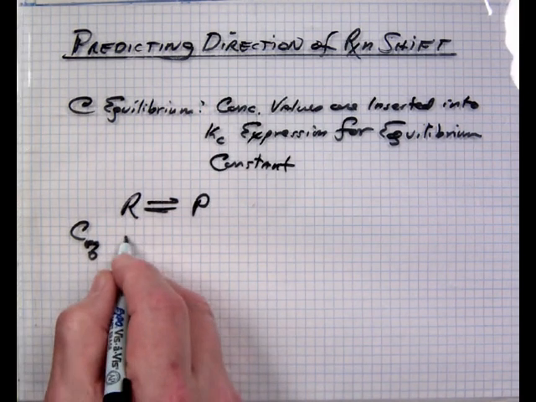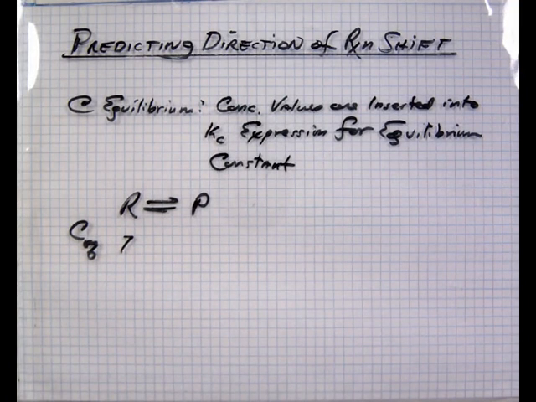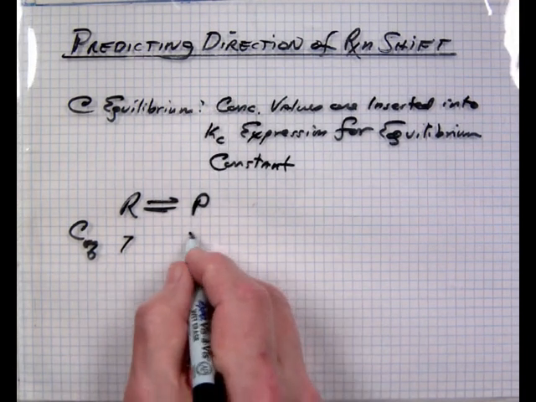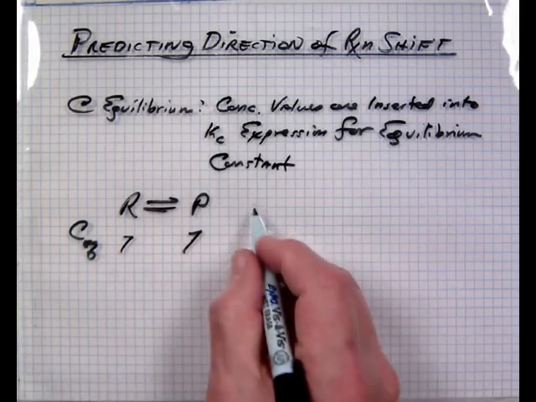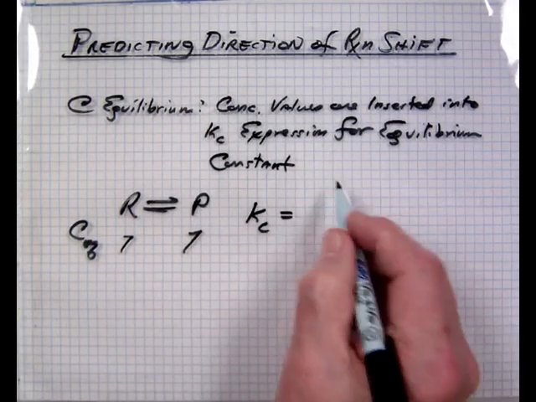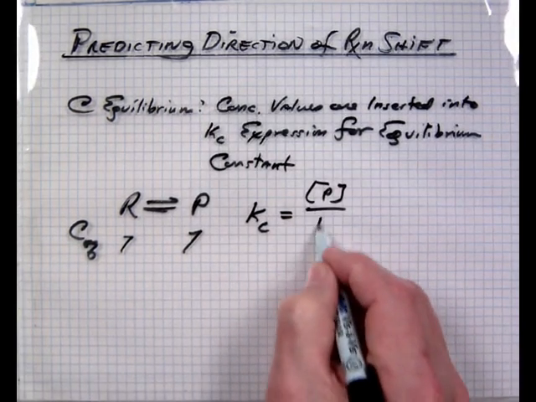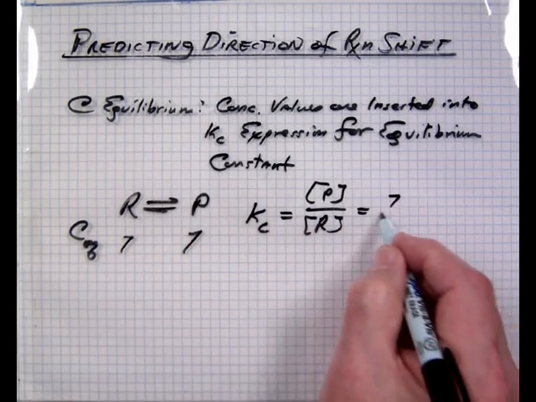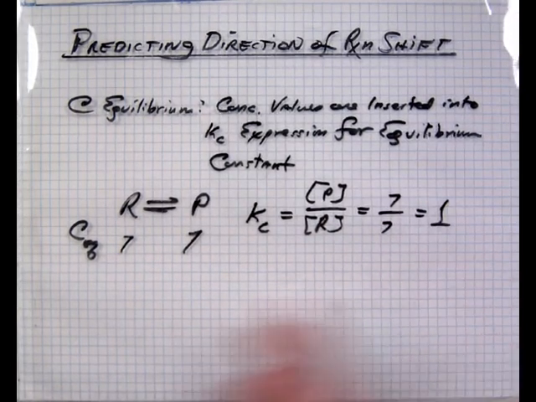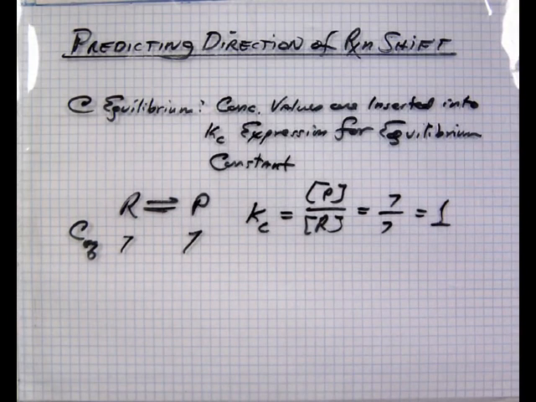Okay, we've got 7 molar or 7 moles or 7 particles of reactants. Well, at equilibrium, you're going to have 7 products in our example. So the Kc expression is, again, products over reactants, so the forward reaction. And 7 over 7, of course, gives you a Kc value of 1. Okay?